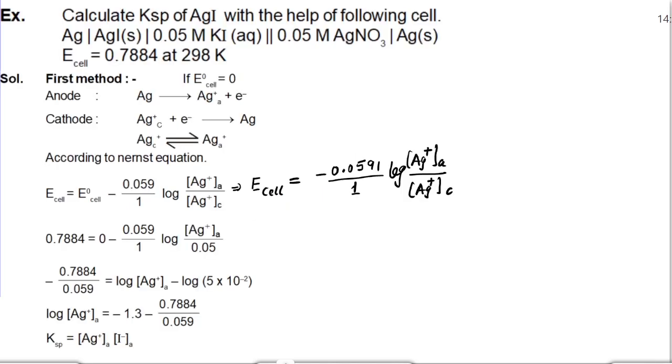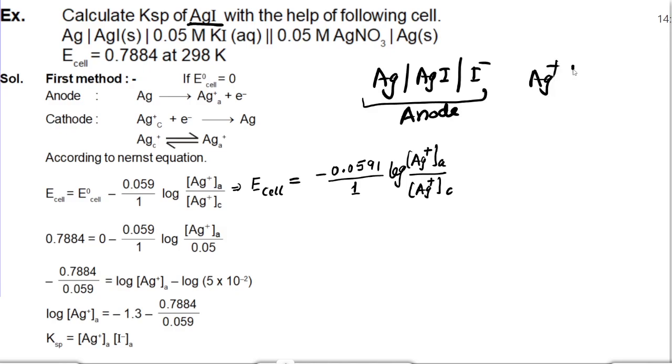Okay, this is the question. Calculate Ksp of AgI with the help of the following cell. The cell is given. See, first one is Ag, AgI and KI, meaning I negative we can write. This is anode.